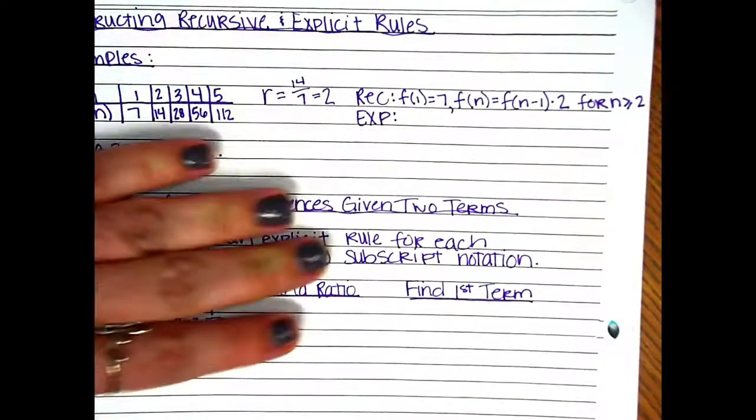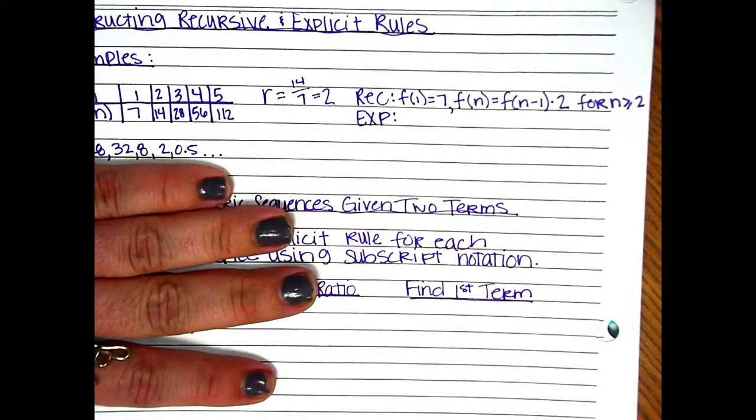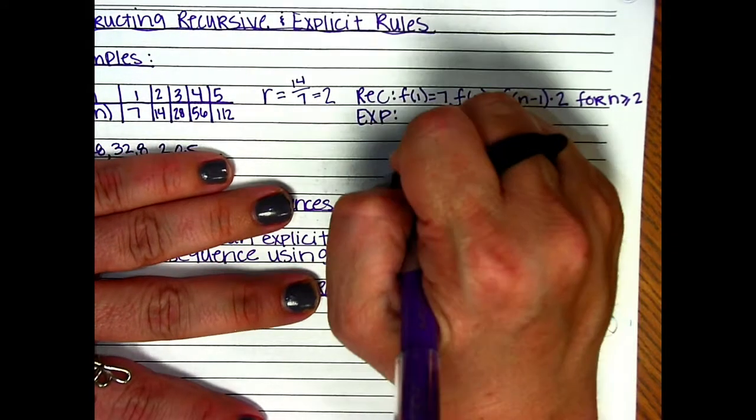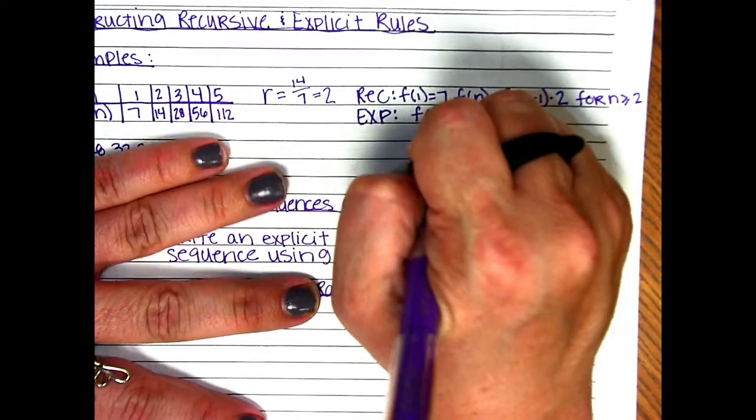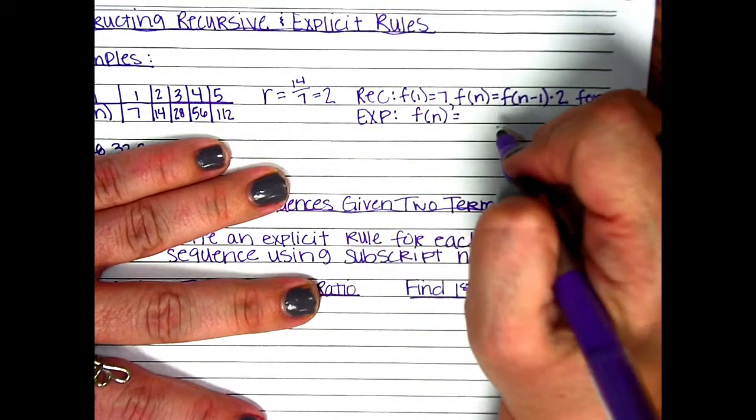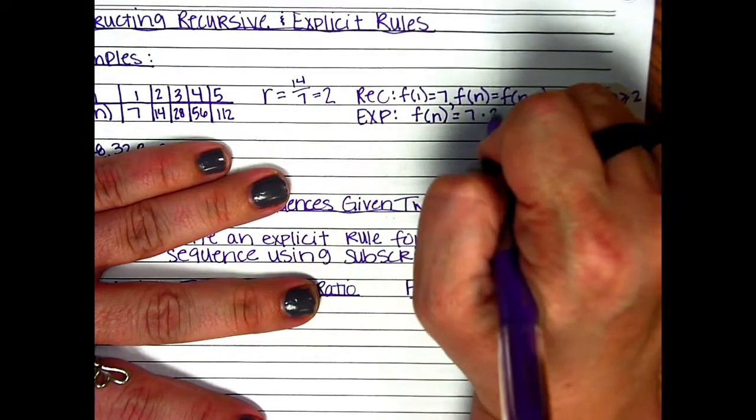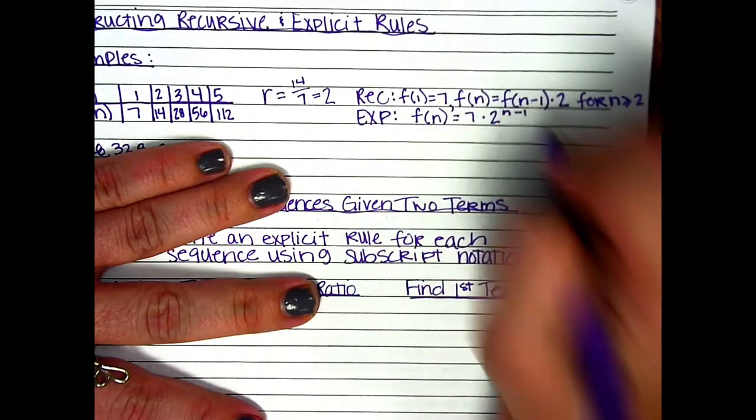The explicit rule would be f of n equals 7 times 2 to the n minus 1.